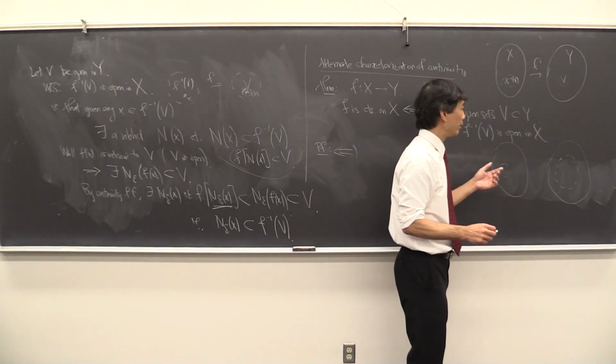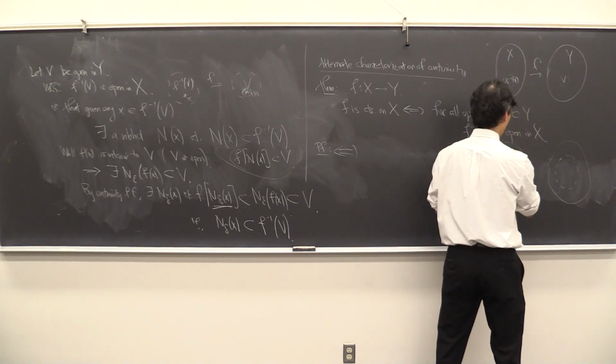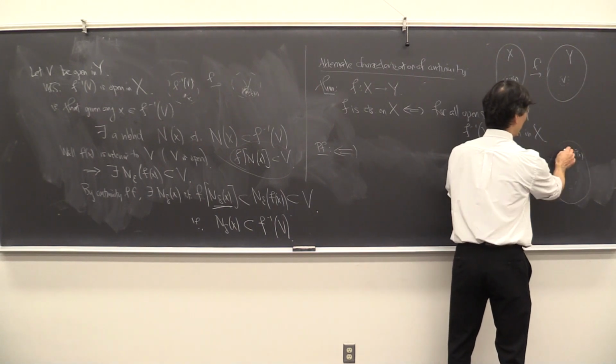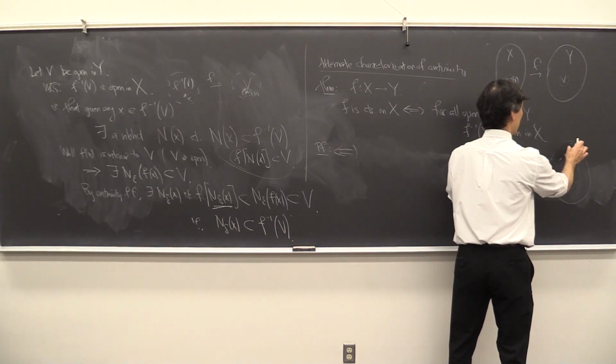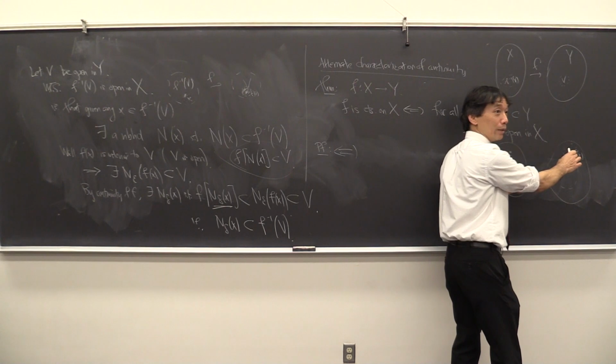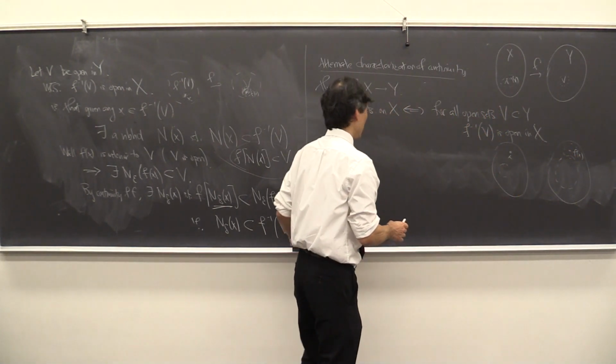And we want to show that if we look at a pair of points, then whenever we take an epsilon ball around here, we can find a delta ball around here that gets mapped inside it.